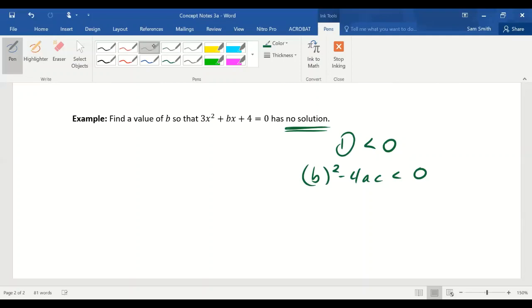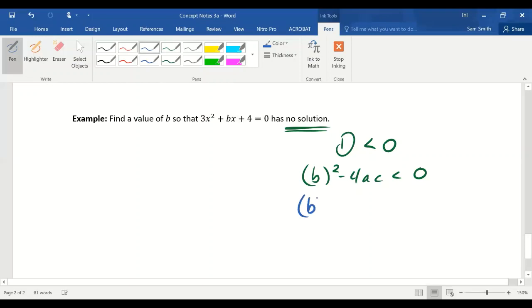Now, for this equation, take a moment. We don't know the b value, but what is the a value? And what is the c value? Well, the a value, the coefficient of x squared, is 3, and the c value is 4.